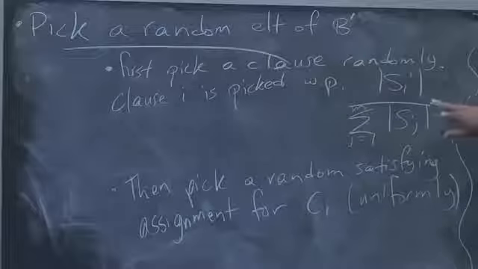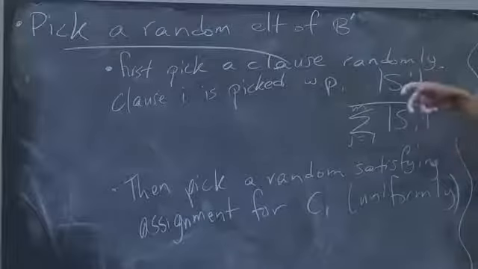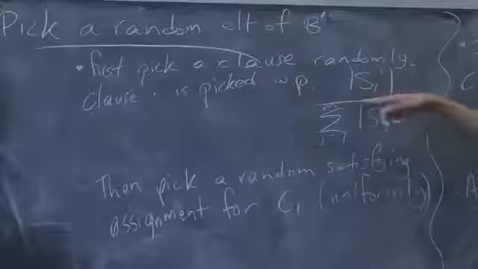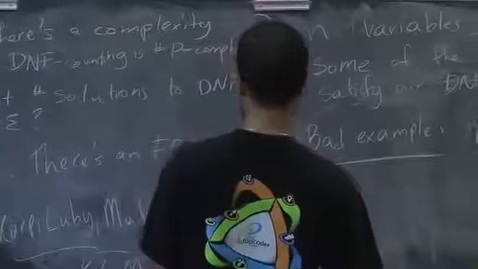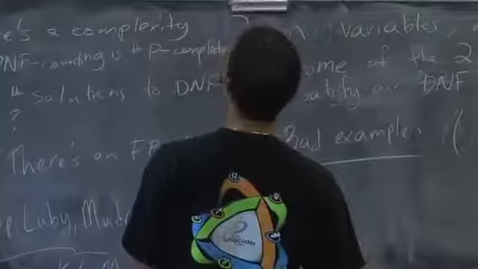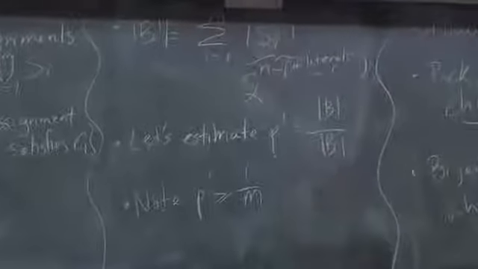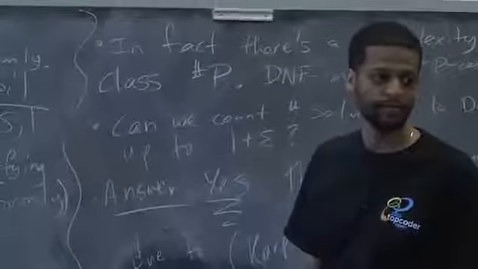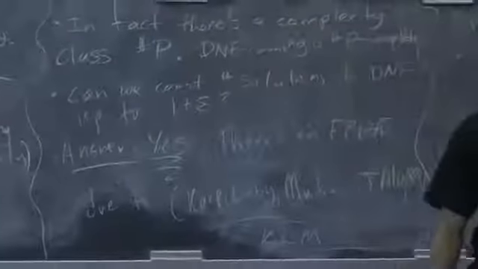Now, we already said we know how to compute these things, right? So we can actually do this. The size of S_i is just, well, we wrote it somewhere before, 2 to something minus something. The size of S_i is 2 to the n minus the number of literals in C_i. So we can compute these numbers. Is that assuming there are no literal limits?